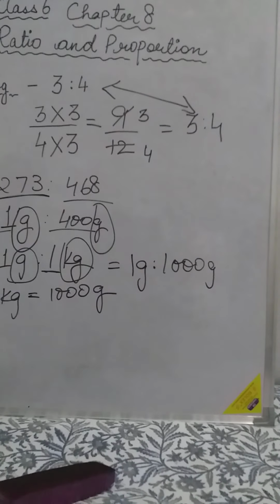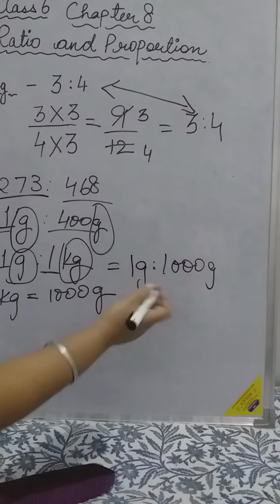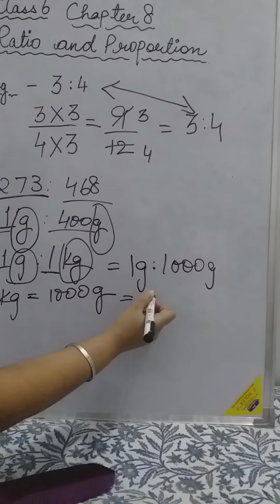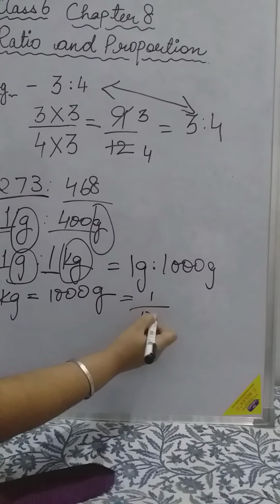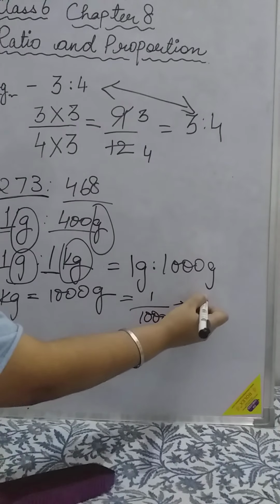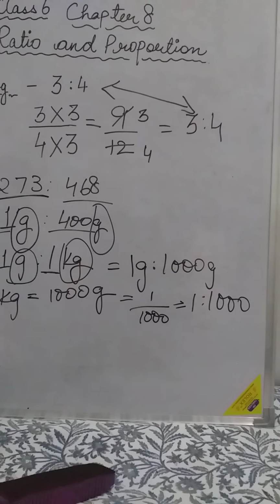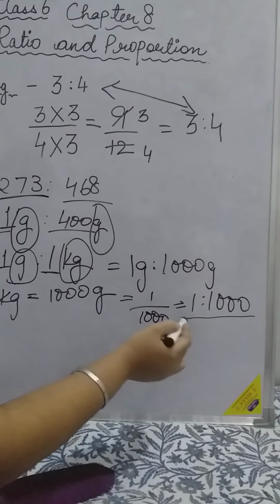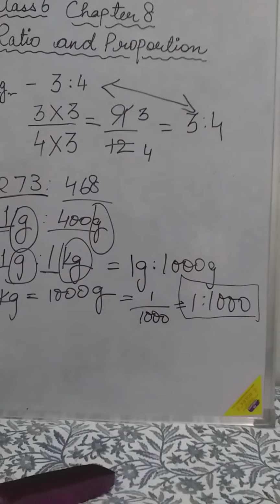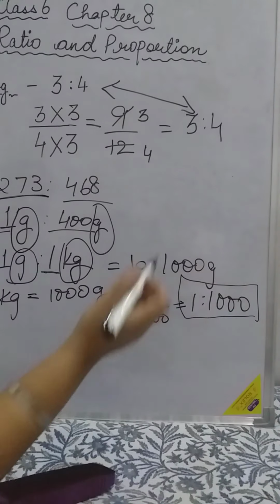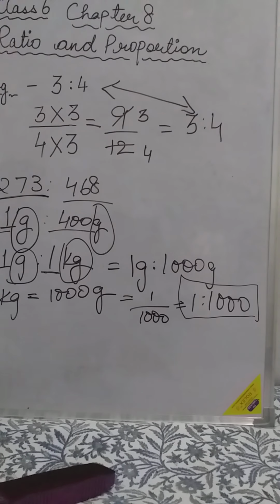Now you have to find the ratio. There is nothing you can cancel. Your answer is going to be 1 upon 1000, or 1:1000. One more thing you need to remember is that a ratio is a number. It means when you get the answer, you are not going to write grams in front of the answer. We never write units in front of the answer when we calculate the ratio.